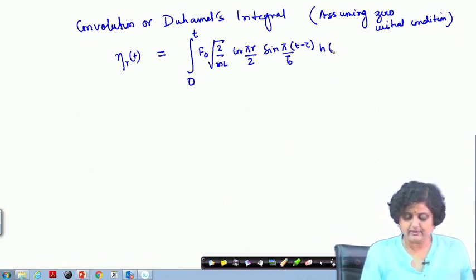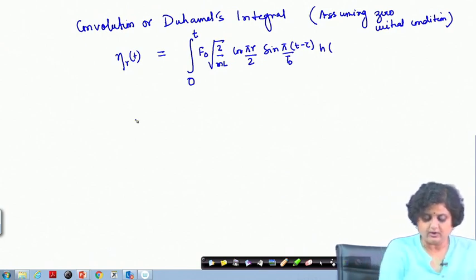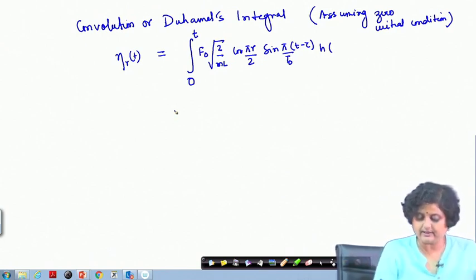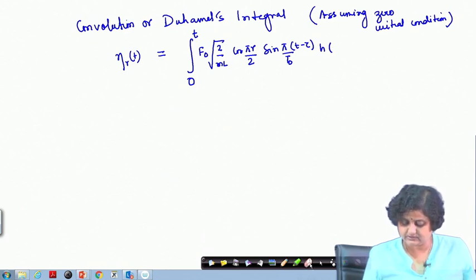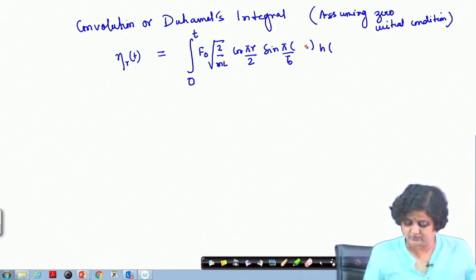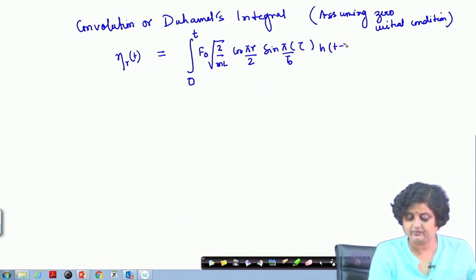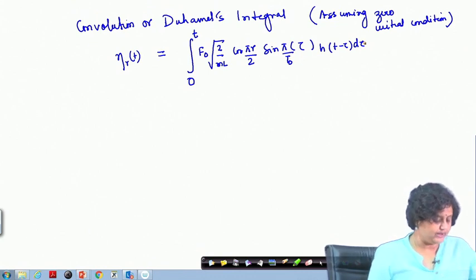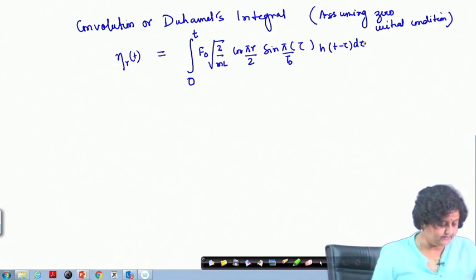So, using Duhamel's integral we can say that this is the integral of f(tau) into h(t minus tau).